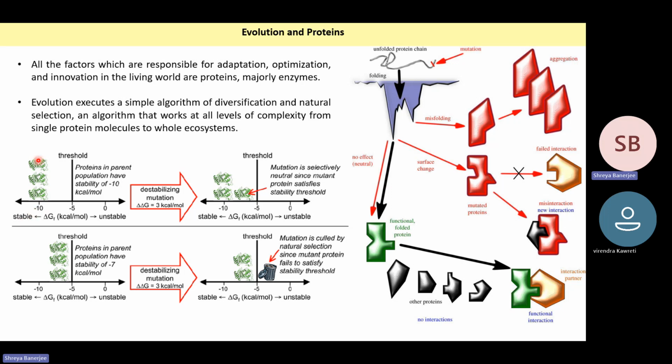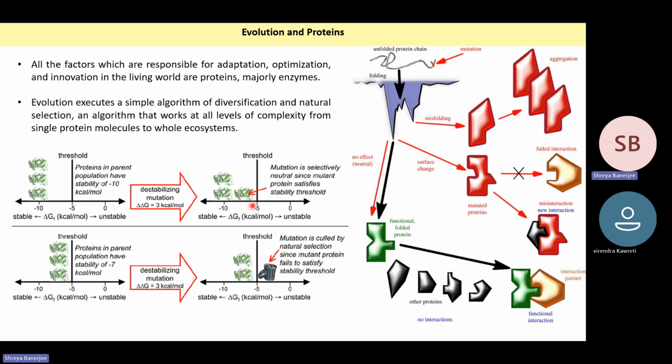Suppose you have a native protein having a stability of minus 10 kilocalorie per mole. This is the native protein. Now, as the organisms are evolving, there is some mutation in the protein which is destabilizing it by 3 kilocalorie per mole. So instead of minus 10, the mutated protein is at minus 7 kilocalorie per mole.